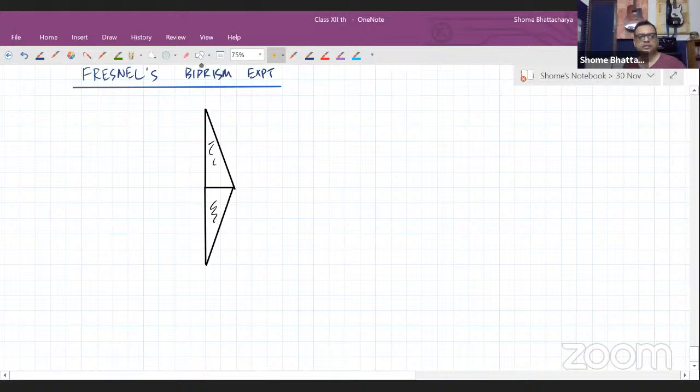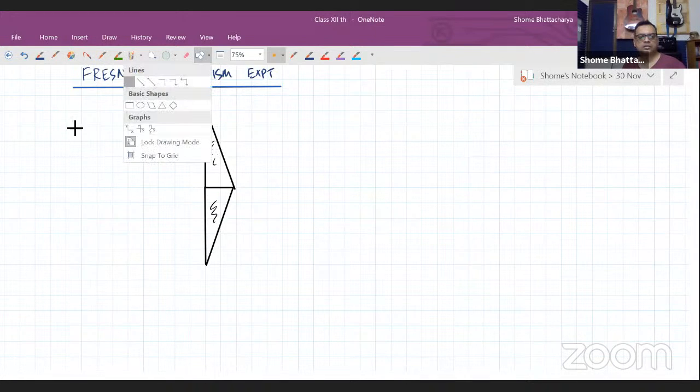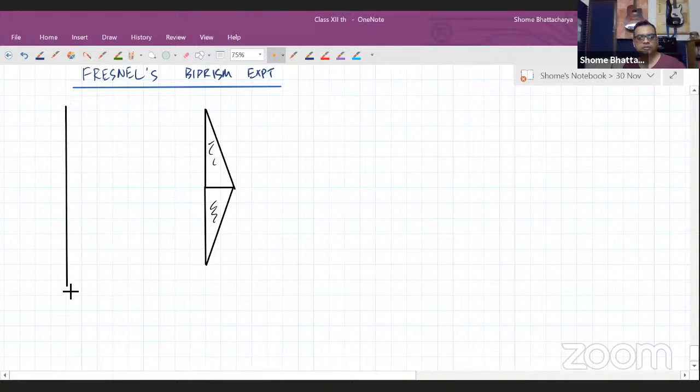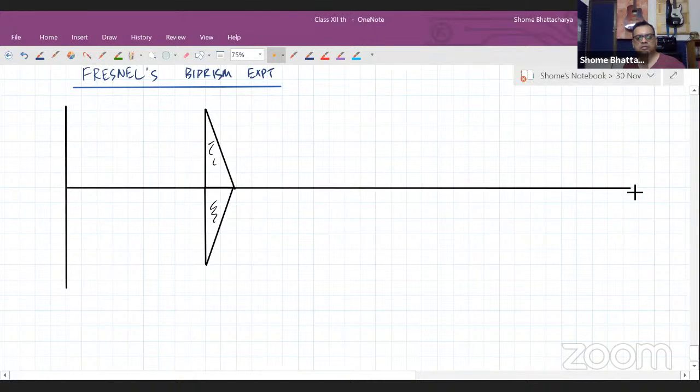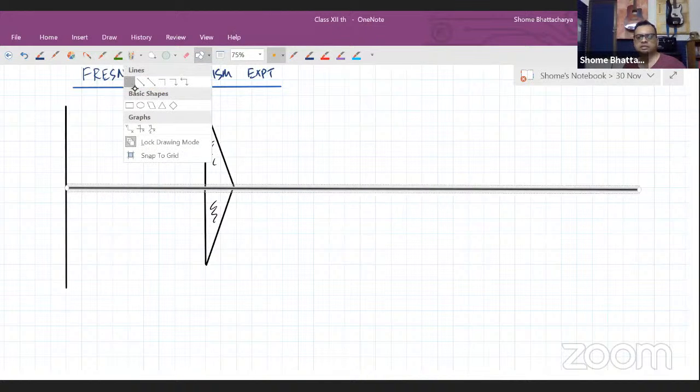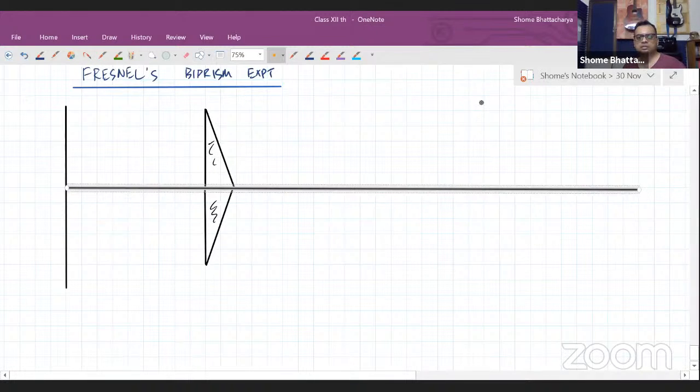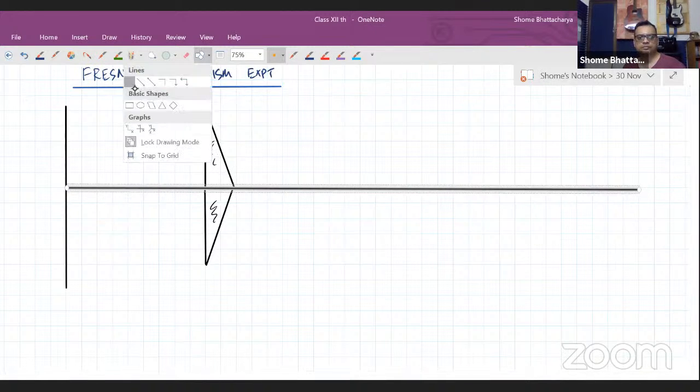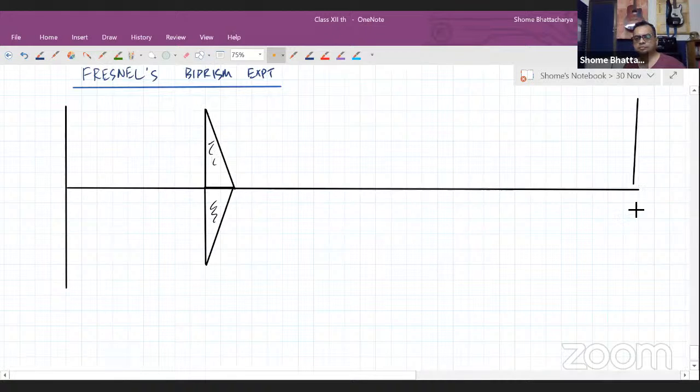And then you have that standard kind of situation where you have an opaque wall. And you have a screen on the other side at a very large distance, on which you observe the interference pattern.